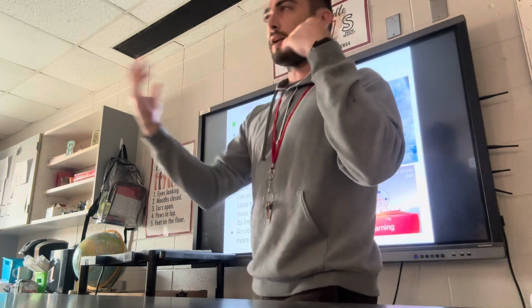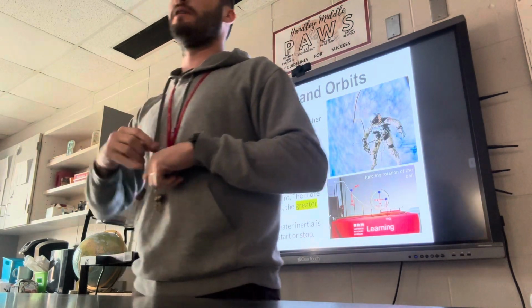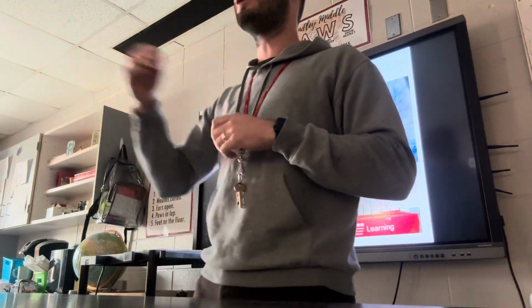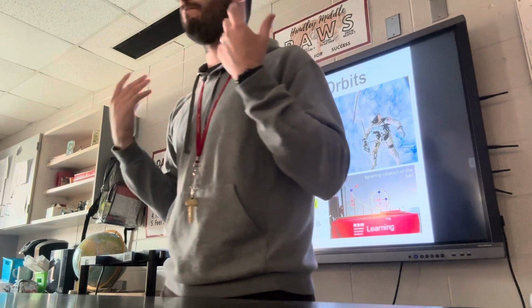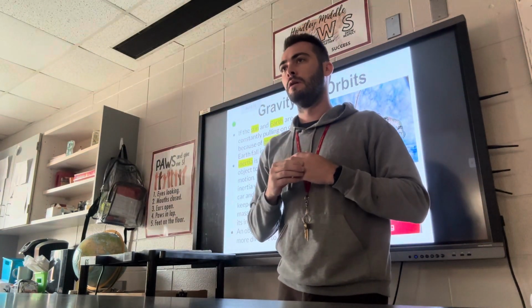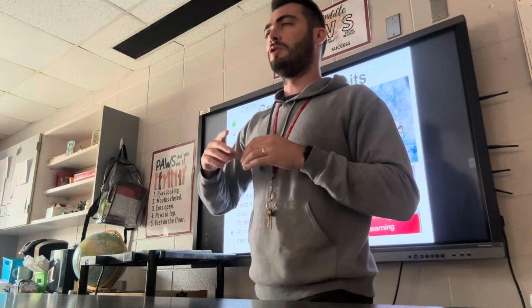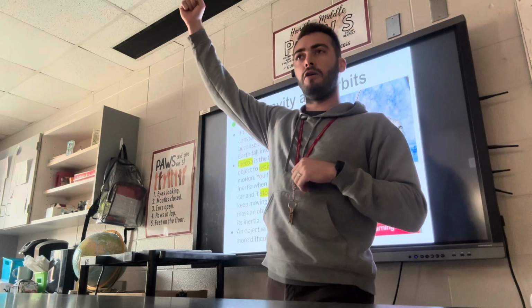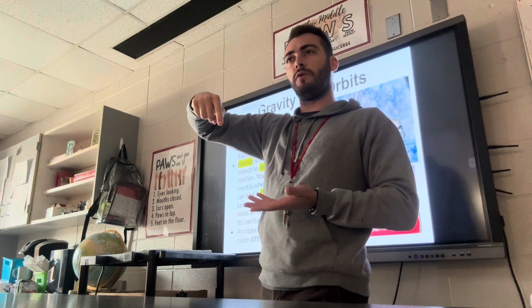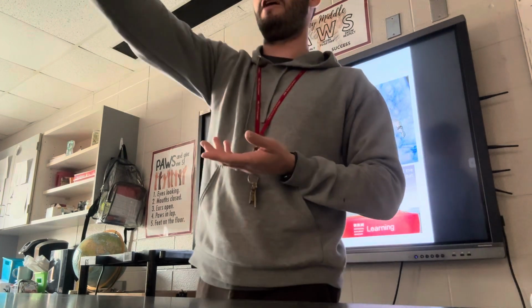Now, how could we possibly make something fall as close to 9.8 meters per second as we possibly could? But if we put it higher up, won't it still experience air resistance on the way down? Okay, so maybe not higher up.